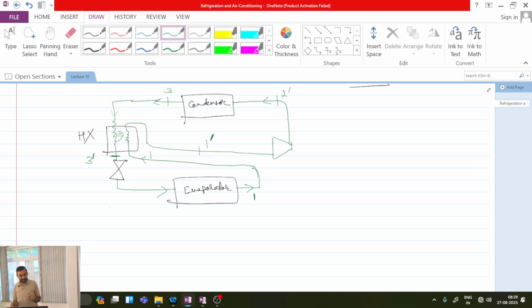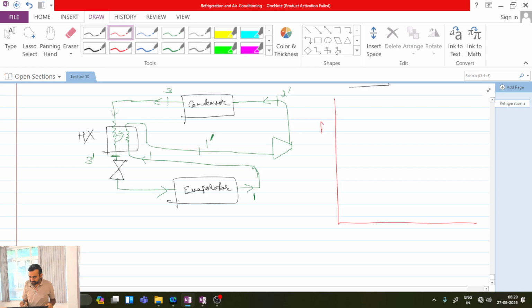Okay, and what is the advantage of this? Now you can see that if I plot the p-h diagram, how will it look? This is point 1, and point 1 to 1 dash is now taking place where?